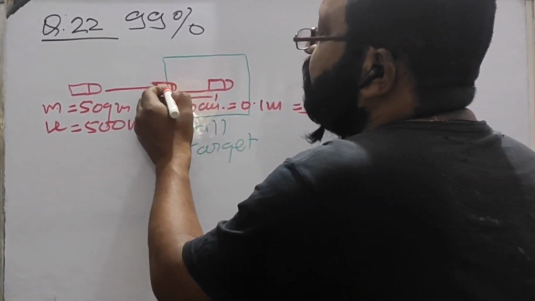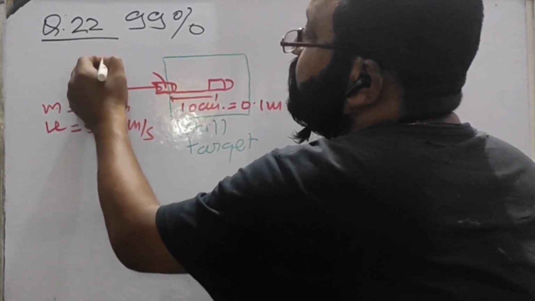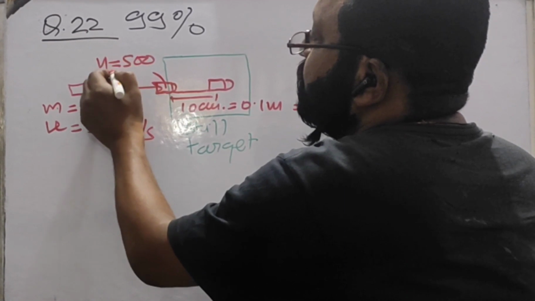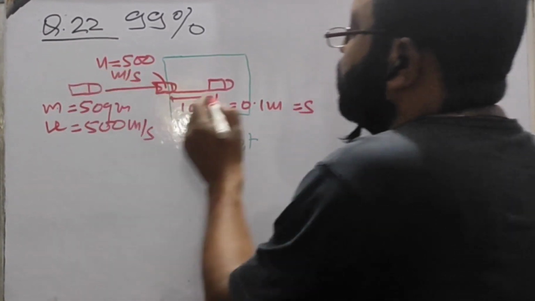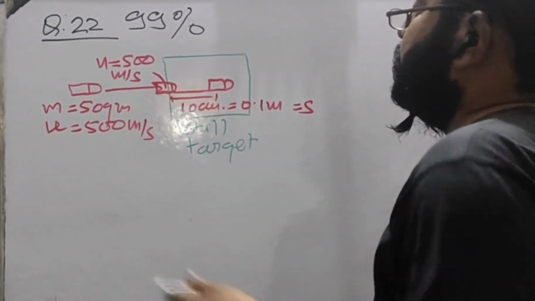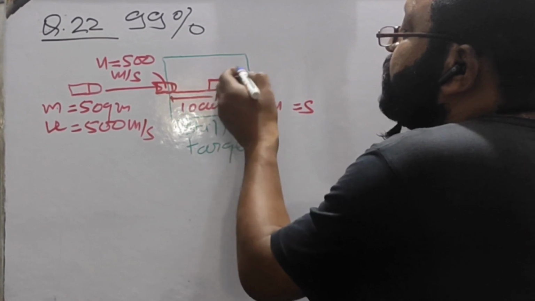Here it has maximum velocity, so u is equal to 500 meter per second. And when it reaches here, the velocity turns to be v is equal to 0.